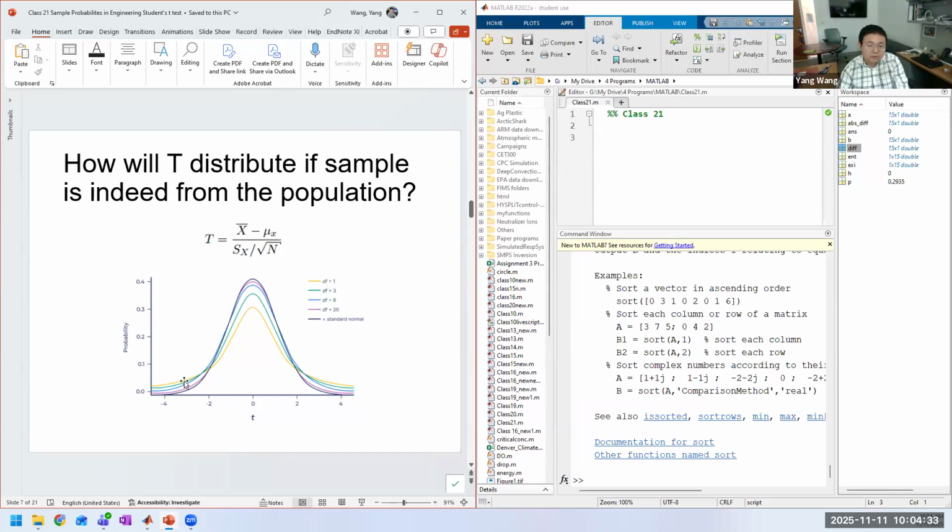And as we take more samples, it's going to have this more narrow bell shape. And it turns out that when the degree of freedom is more than 30, people actually normally use the Gaussian distribution to represent the t distribution. Okay, so only when the degree of freedom is lower, then we're going to use the equation of the t distribution to consider the probability of the t taking extremely large or extremely small values.